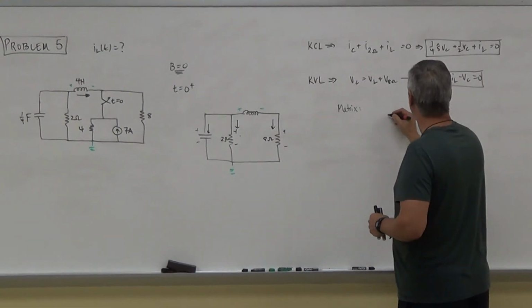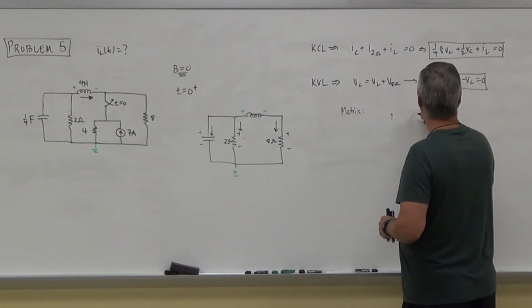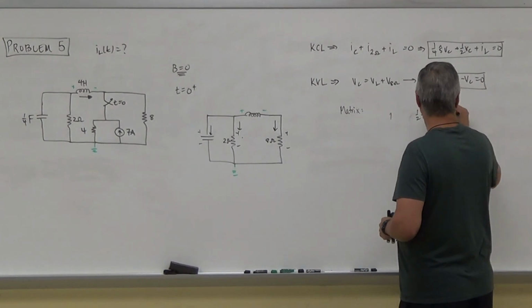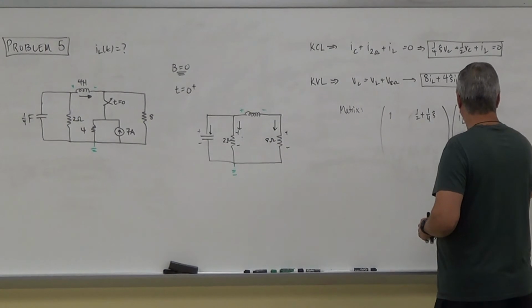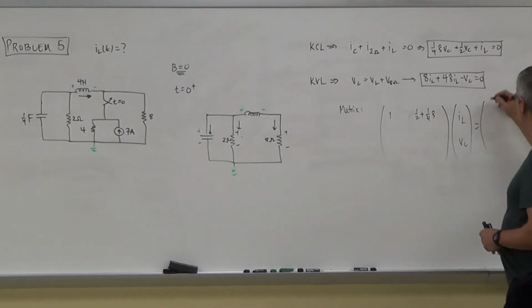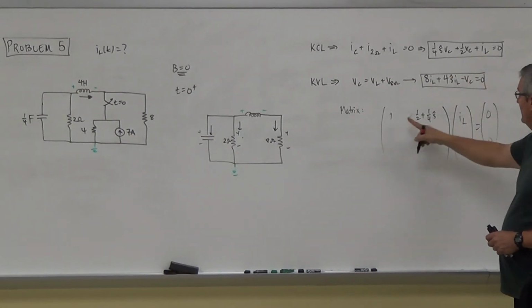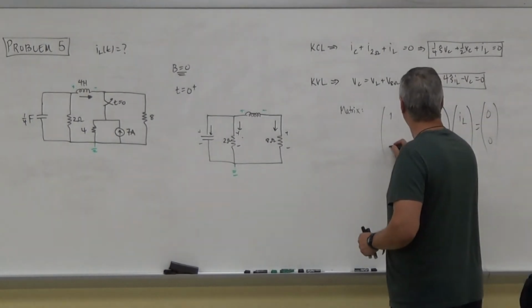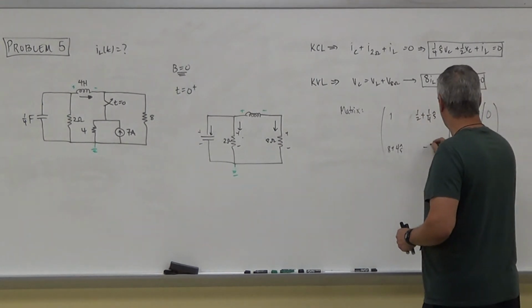So then this will be 1, and then I'm going to get 1/2 plus 1/4 S hat. Everything's 0 over here, as we would expect. Okay? So then, now I got VS, now I'm going for IL, which will give me 8 plus 4 S hat, and then I have -1.